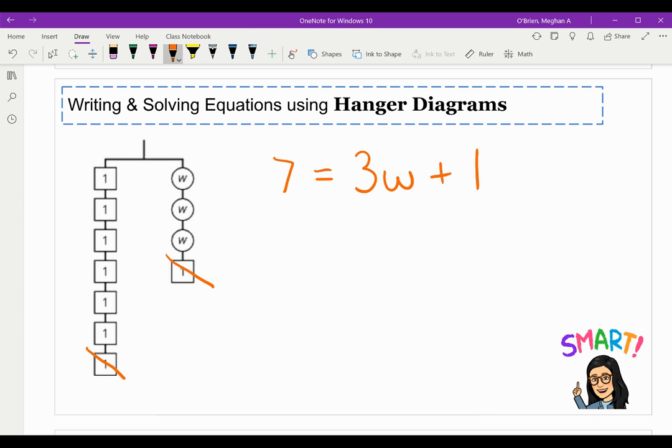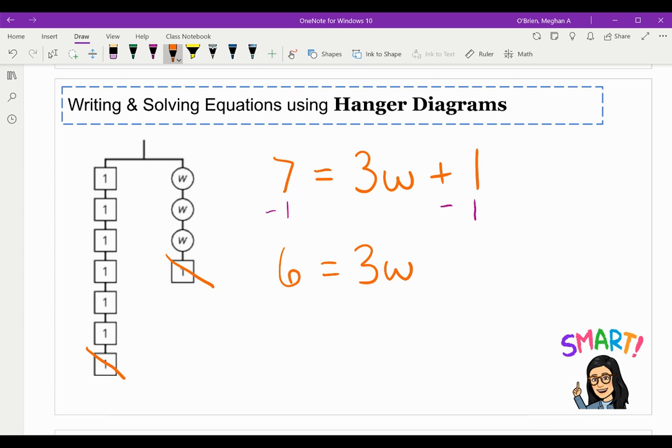And then now I'm left with 6 on the left and just 3W, right? Because what I did here, I'm just going to give you a little preview. I took away one weight over here, and then I took away one weight over here, right? What we do to one side, we have to do to the other. And then now I'm at this second equation. So 6 equals 3 times W.